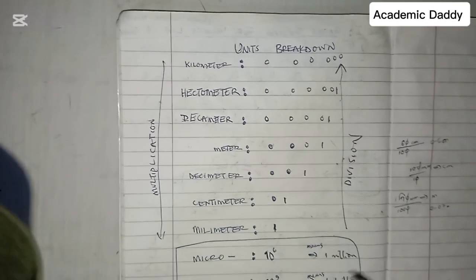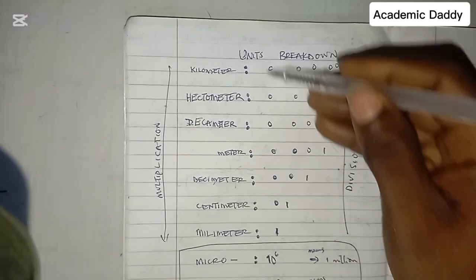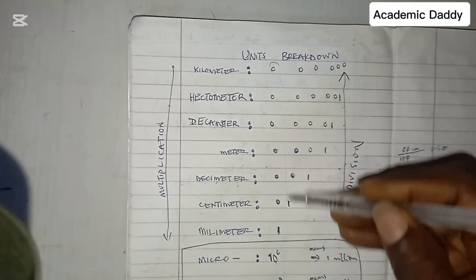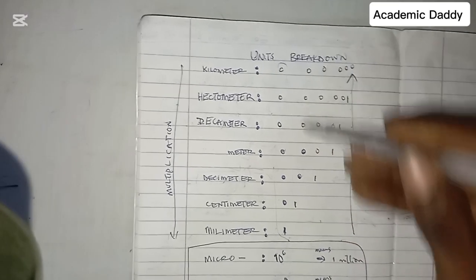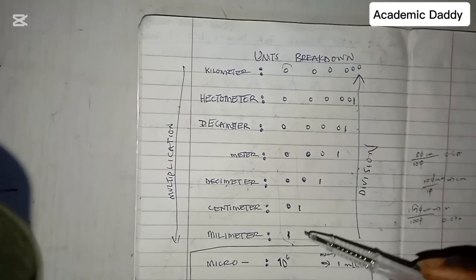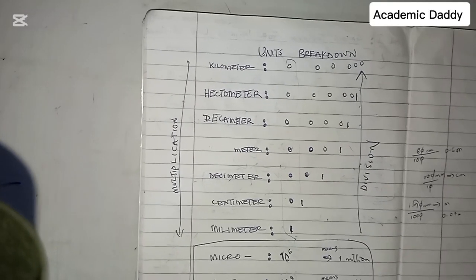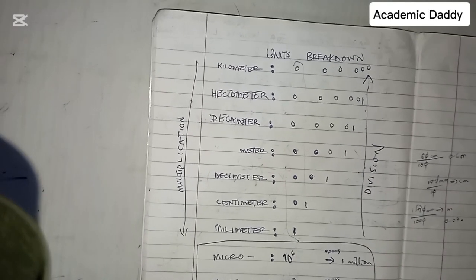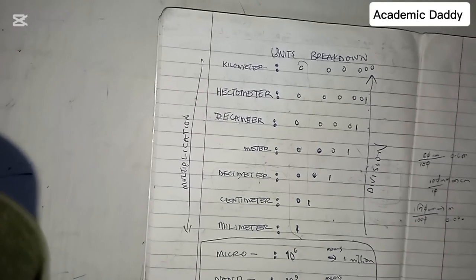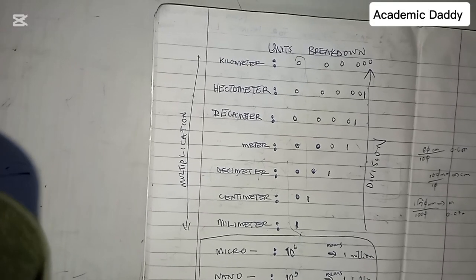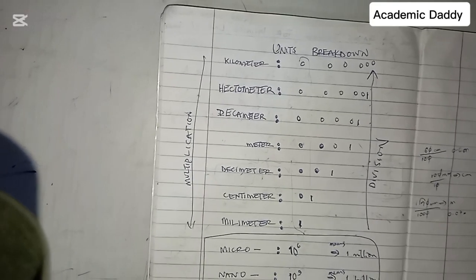I don't know, if you look at it, you should understand what I've done here. It's more like saying if I'm moving from millimeter to kilometer, I'll divide by how many zeros? 3 zeros, 1 million. That means that 1 million millimeter is equal to 1 kilometer.